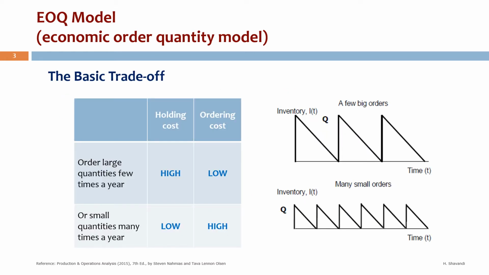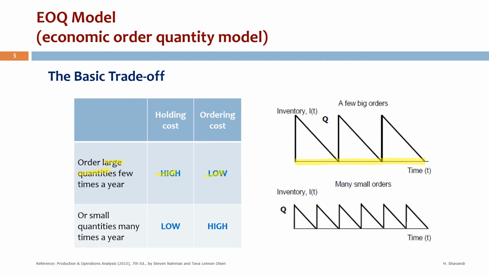Here we have a trade-off between the inventory holding cost and the inventory ordering cost. If we have large quantities for our orders, then we will have high holding costs and low ordering costs. Why? Let's say from time 0 up to here is a year.